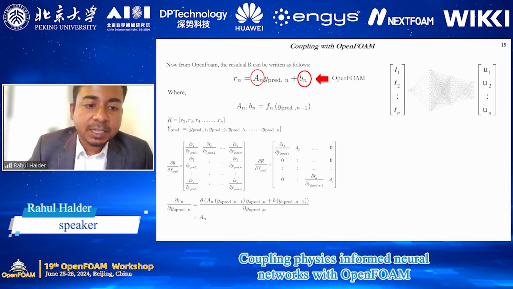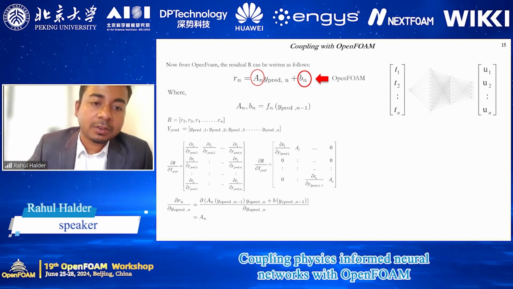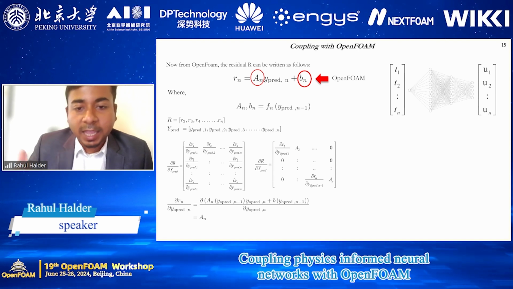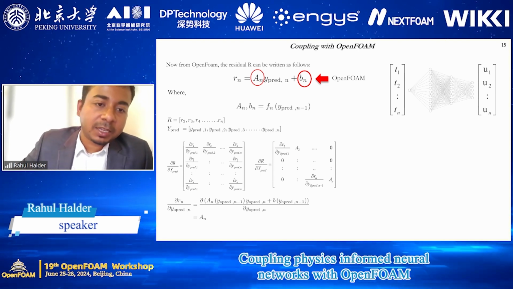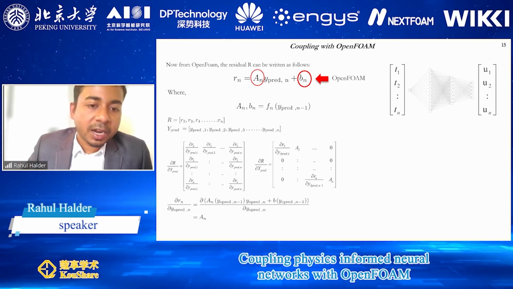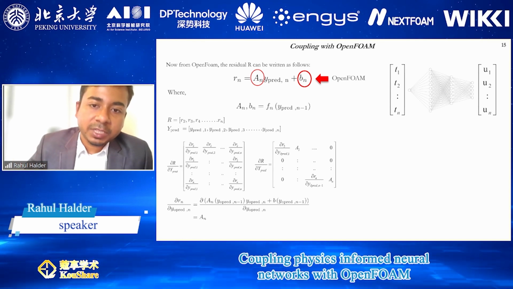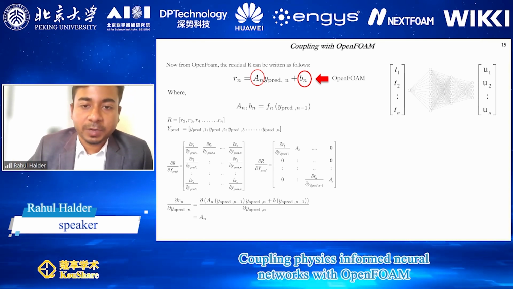Another thing is that you don't have to compute this Jacobian at every epoch iteration. You can compute the Jacobians at intervals, like every 100 or 200 epoch iterations, something like that. So that is the idea. You can couple it with any kind of external solver like OpenFOAM.